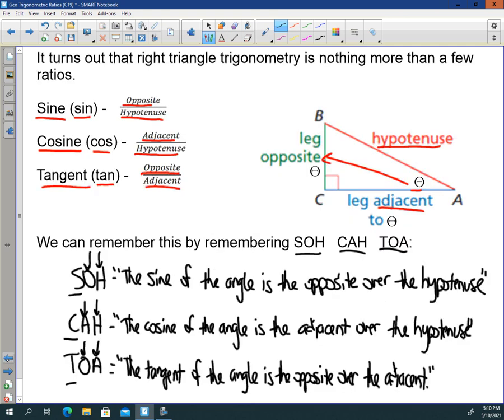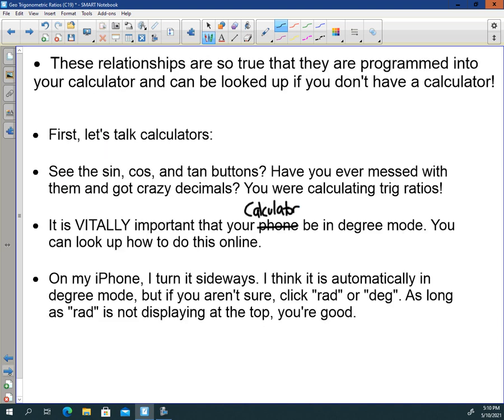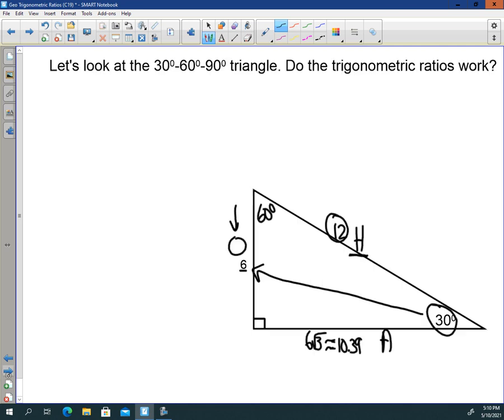It's going to be the one with the O and the H in it, so I'm going to choose the sine. The sine of the angle is the opposite over the hypotenuse.